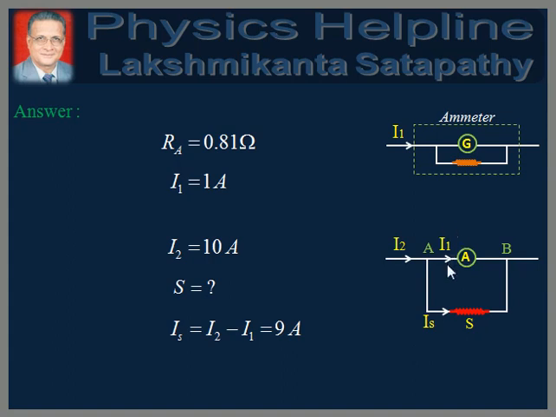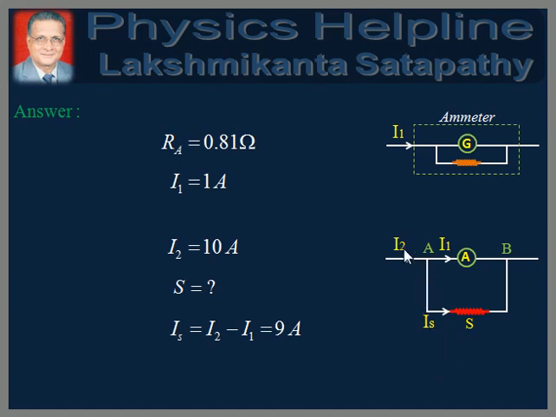So you can see that I1 is the current through the given emitter and I2 is the increased current, increased range of the new emitter. So it is given to us that I2 is equal to 10 amperes. We are required to find the value of S, the shunt resistance.